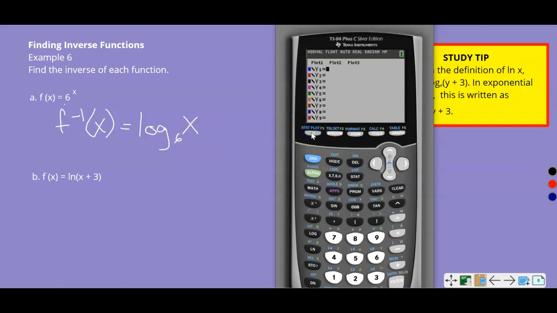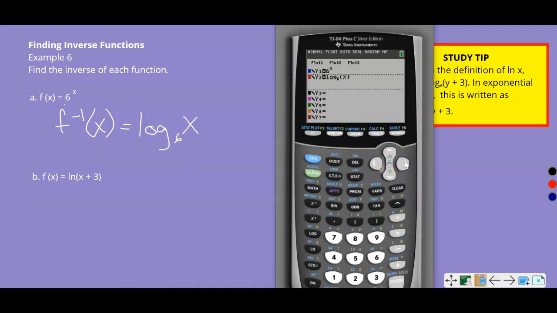So if we go to y equals, the first one says 6 to the x power, so we're going to do 6 raised to the x power. And then the second equation is log base 6 of x. So I'm going to go to math and get my log base button and do log base 6 of x.